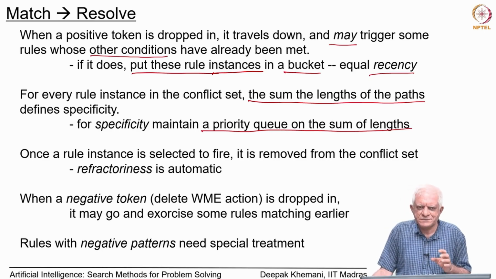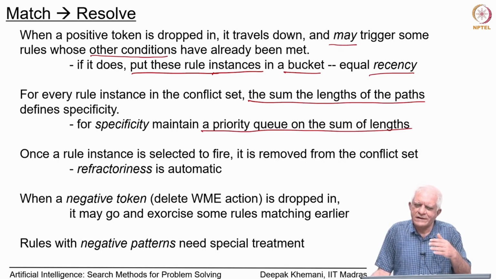On the other hand, if a negative token had come and deleted something which was required not to be there by a negative pattern, then that rule must now be activated and put in the conflict set. Okay.